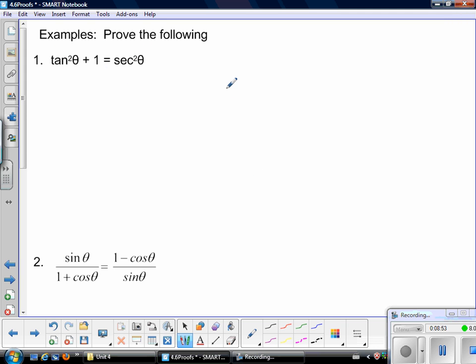So the first step that we do is we actually draw kind of like a table, a T table kind of thing. Because I'm going to do left side first, I'm going to put left side here, and I'm going to put reason here.